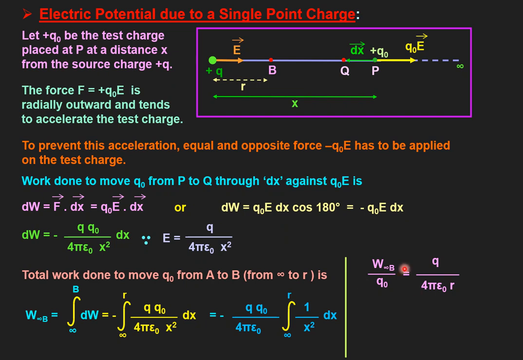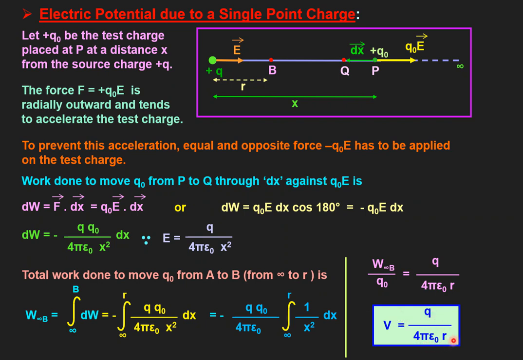So it will be, minus already became plus, Q divided by 4 pi epsilon naught into R, and this work done per unit test charge, by definition of electric potential, is nothing but the electric potential. So I have successfully got the expression for electric potential as a function of separation from the source charge as Q divided by 4 pi epsilon naught into separation, that is R. So V equals Q divided by 4 pi epsilon naught R.